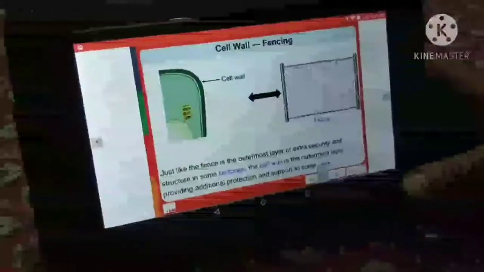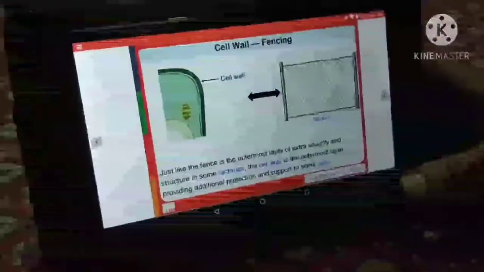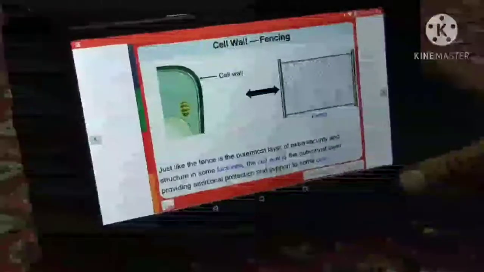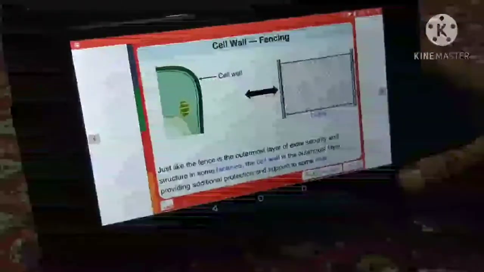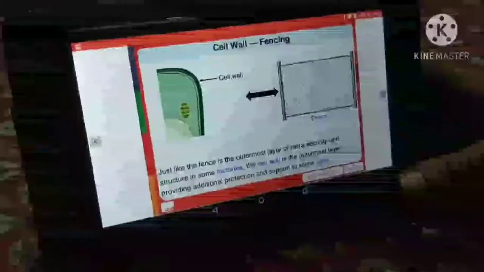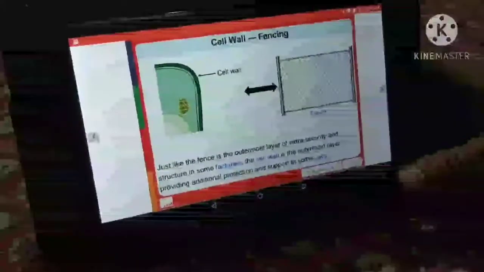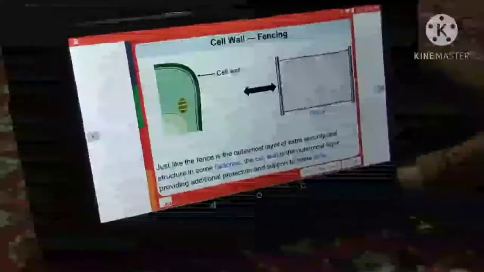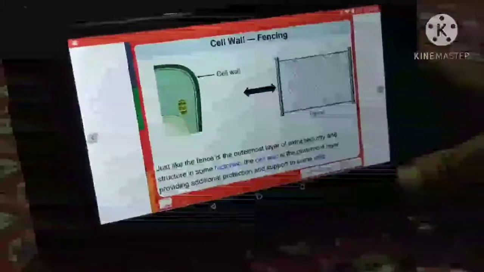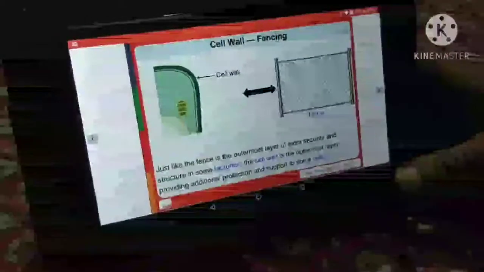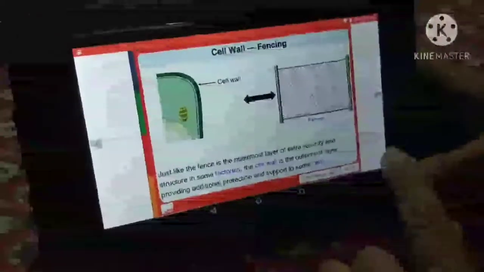Cell wall, or fencing. Just like the fence is the outermost layer of extra security and structure in some factories, the cell wall is the outermost layer providing additional protection and support to some cells.